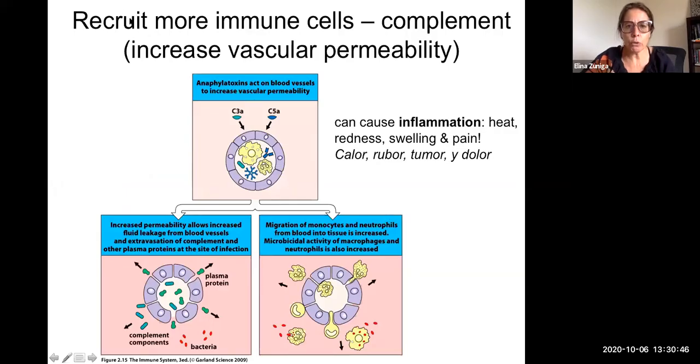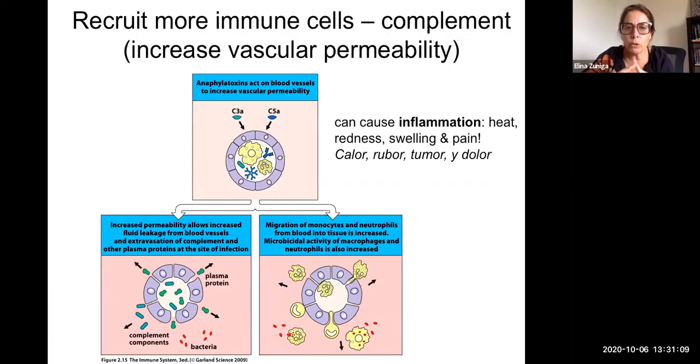So we also talk about C3a promoting the recruitment of immune cells. And it's not only C3a, but also C5a that we mentioned in previous slide is also produced upon complement activation. They will both induce the recruitment of immune cells.